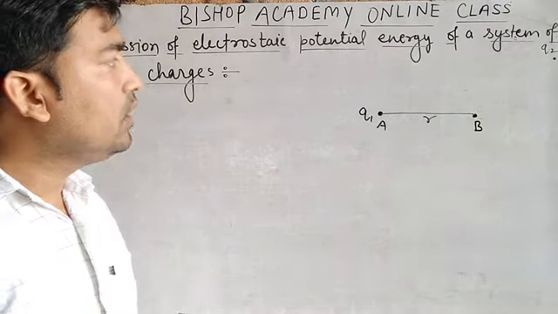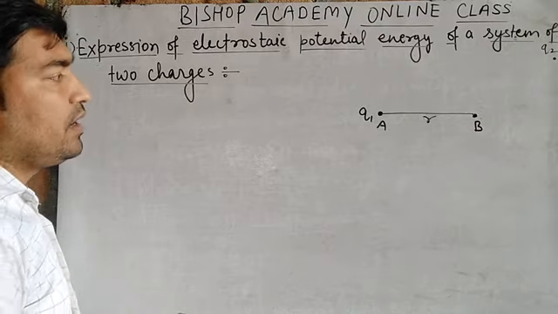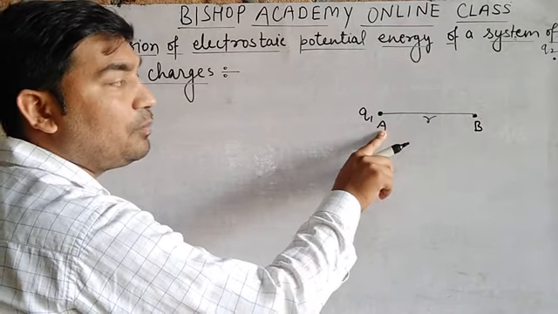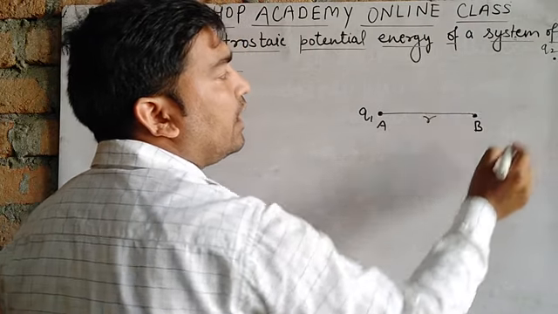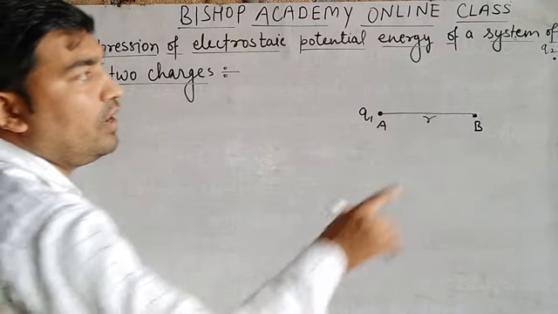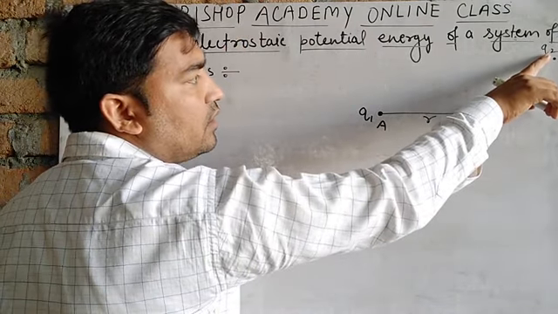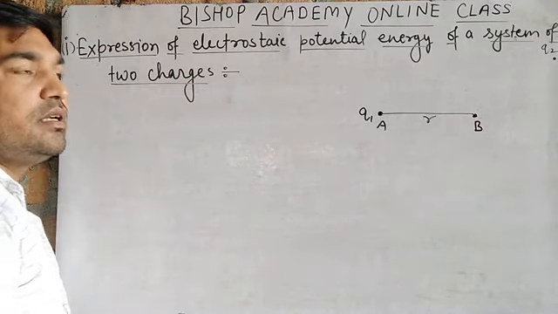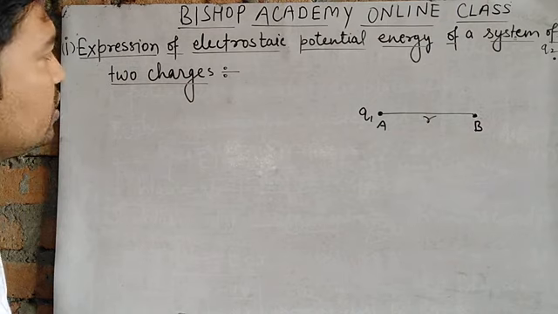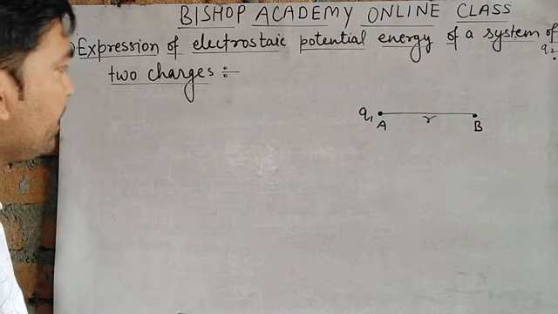Now first of all we have to consider a charge Q1 at point A and Q2 at infinity, and now we have to calculate the work done in bringing Q2 from infinity to point B, and this work done is electrostatic potential energy.